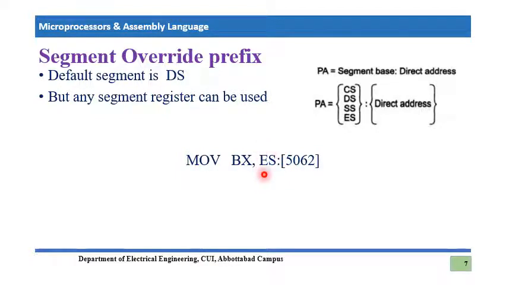What is ES colon? This ES colon is basically our segment override prefix. If we do not mention ES colon, this location will be part of the data segment. But here we are specifying it, which means we are overriding the segment prefix.